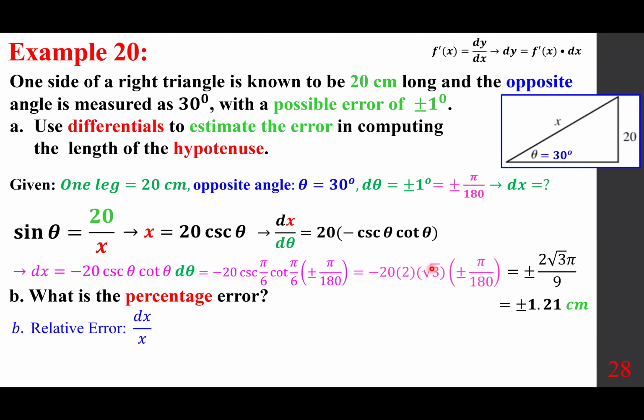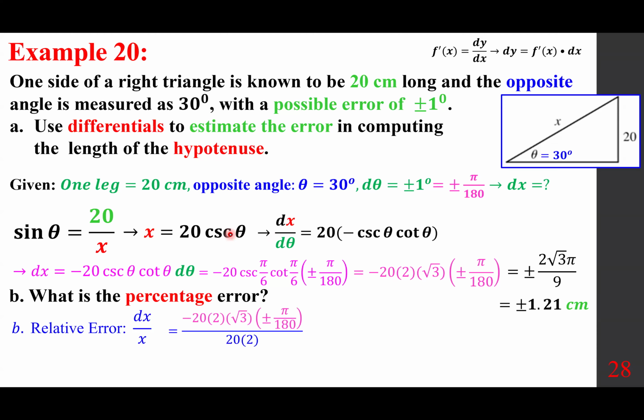dx is minus 20 times 2 square root of 3 times plus minus pi over 180. Let's put that in the numerator. But what is x? X is 20 cosecant theta, and we said cosecant theta is the reciprocal of the sine, which is 1/2, so it becomes 2: 20 times 2.